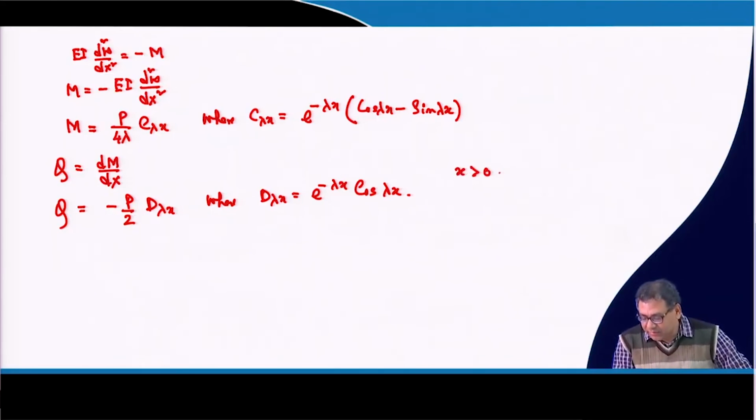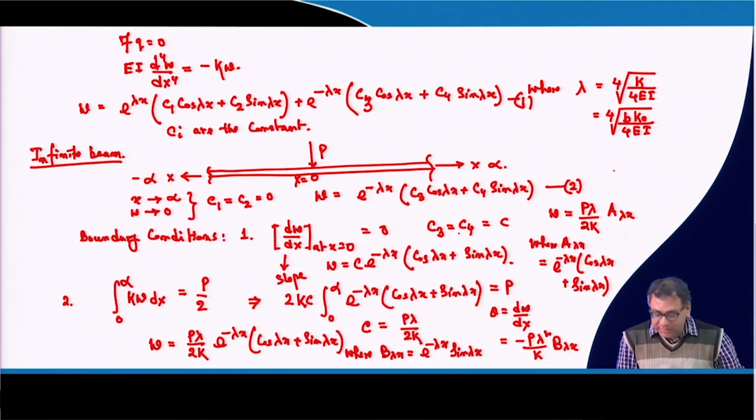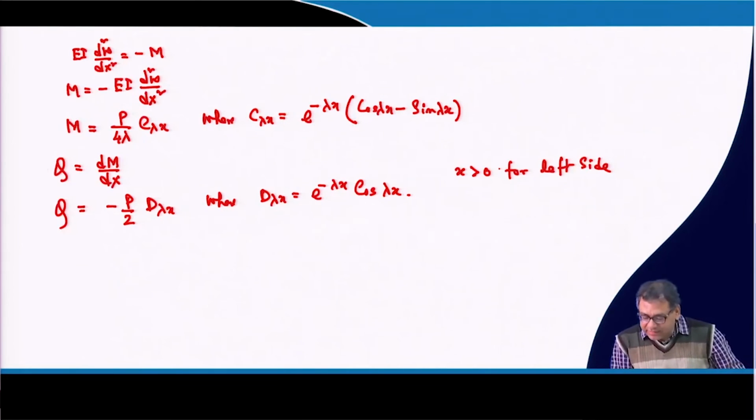That means, for the left side, these equations are given. For the right side, if your x is less than 0, then all these equations will remain the same, only the sign will change. How?